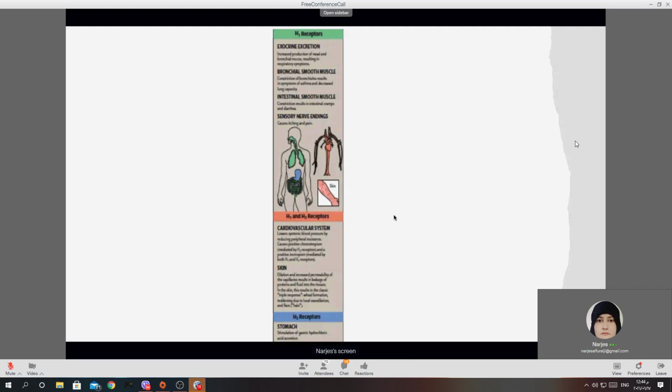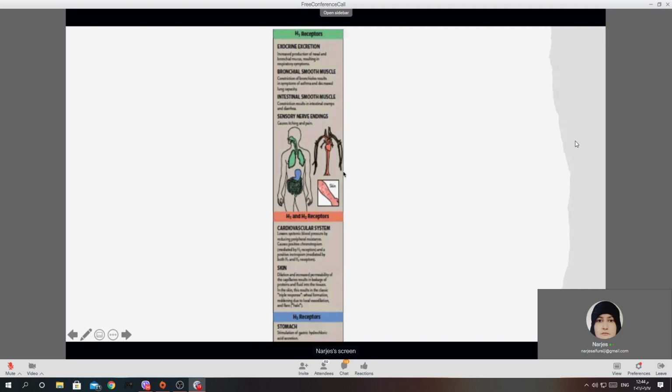So this figure basically shows how H1 receptors mediate the exocrine secretion, bronchial smooth muscle contraction, intestinal smooth muscle contraction, and sensory nerve endings. It also shows the effect on the cardiovascular system, and on the stomach, which is mediated by H2 receptors.